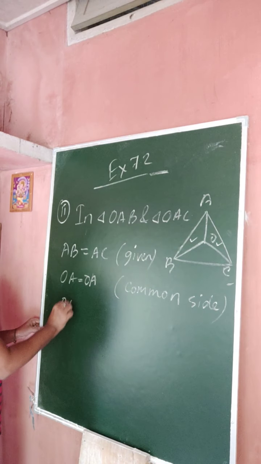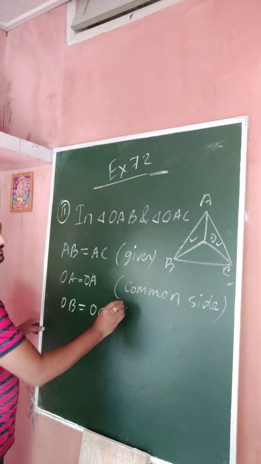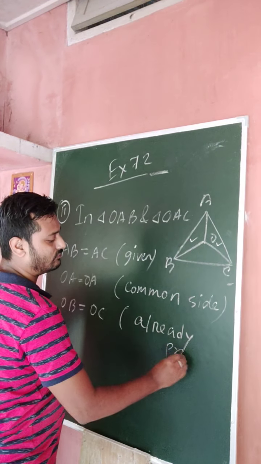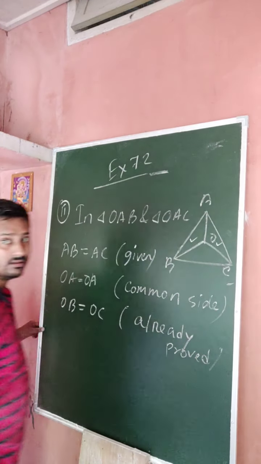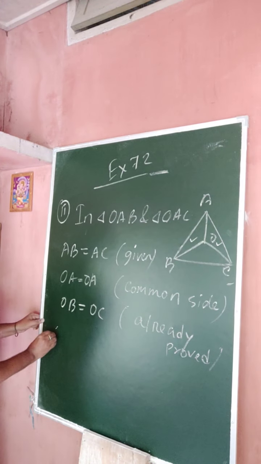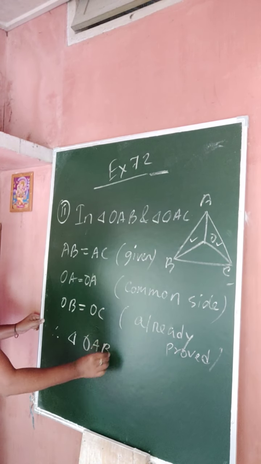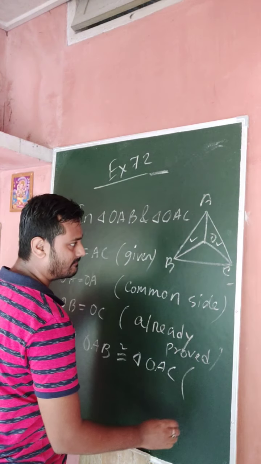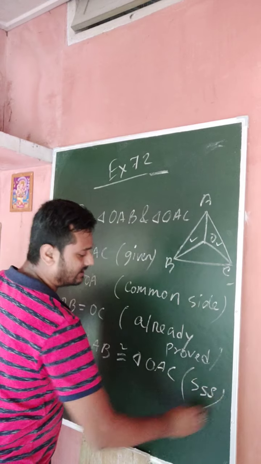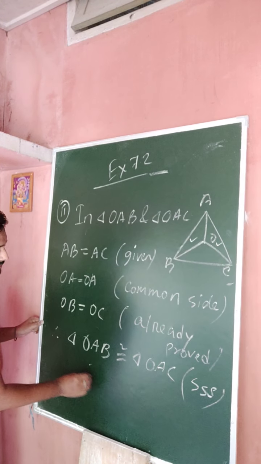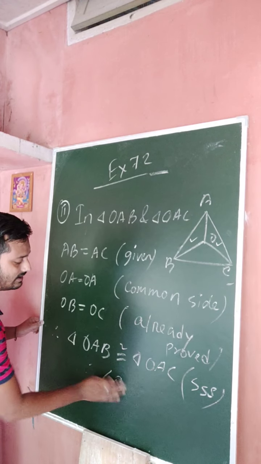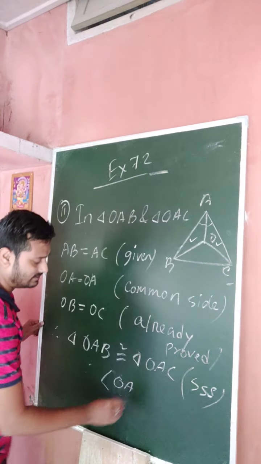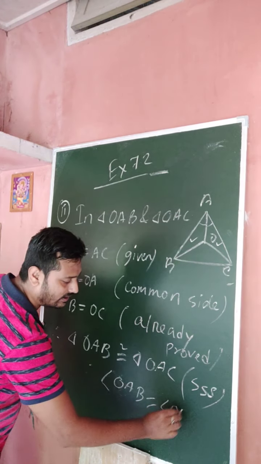And OB equal to OC, already proved. Therefore triangle OAB is congruent to triangle OAC, which is SSS. Therefore angle OAB, if these two triangles are congruent, then these two are the corresponding parts. That means angle OAB equal to angle OAC, CPCT.